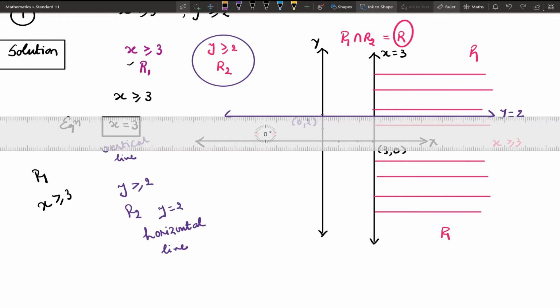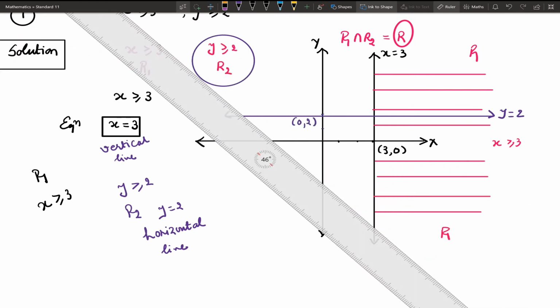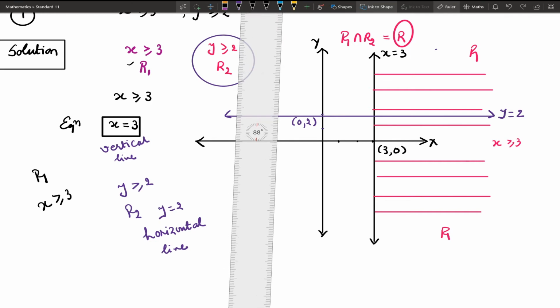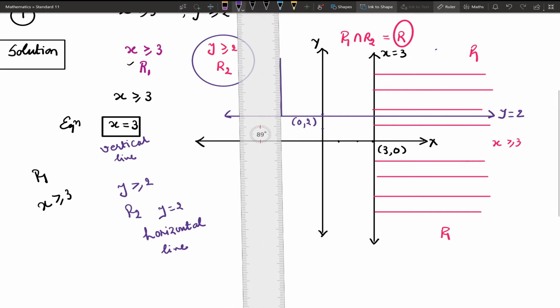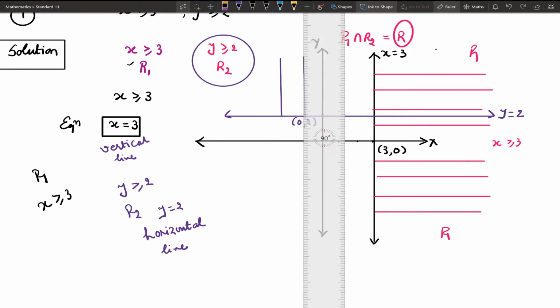Now y greater than or equal to 2: in this portion you can note that y is always greater than or equal to 2. So this is the region R2, in which y is always greater than or equal to 2.